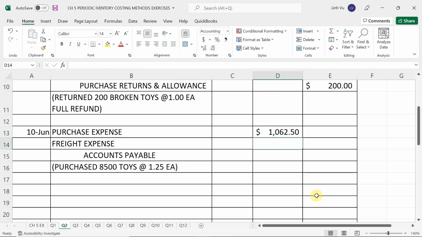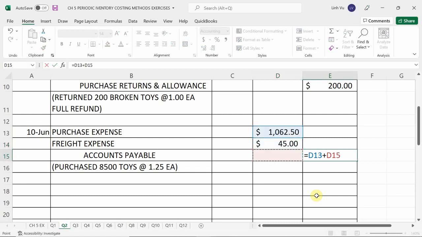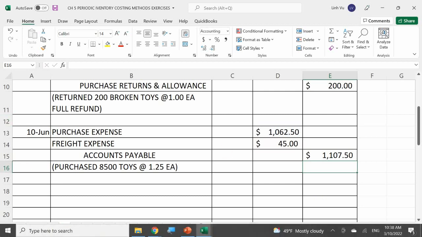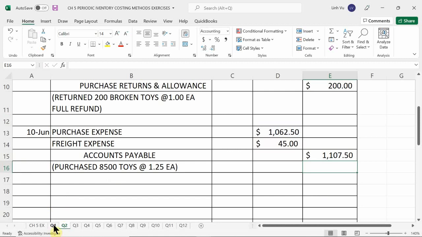1,062.50, and my freight was $45. So in this case, 11,750. Good. All right. So let's go ahead and pop this information into our inventory worksheet.